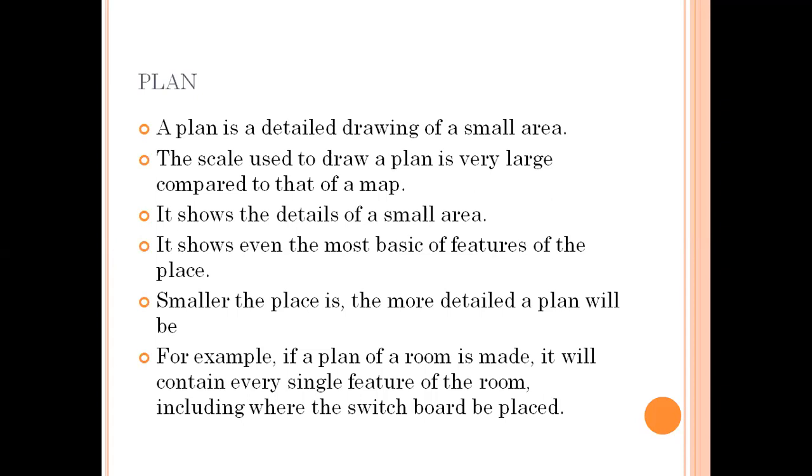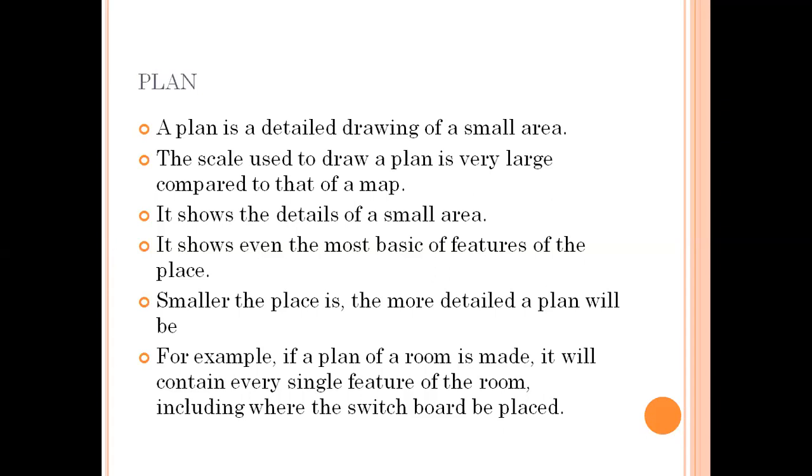A map shows the locations of various places or features of an area. A detailed map of a part of a town may show schools, parks, roads, etc. But even the most detailed map cannot show the internal details of buildings.